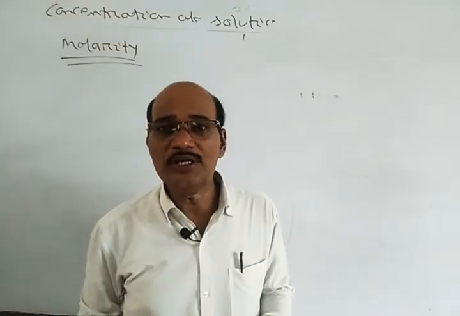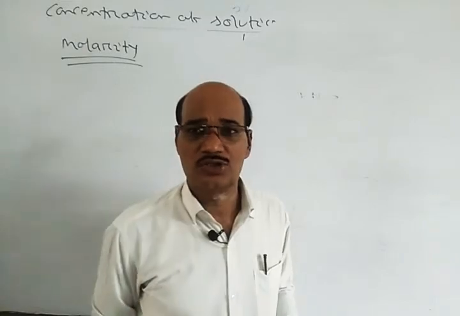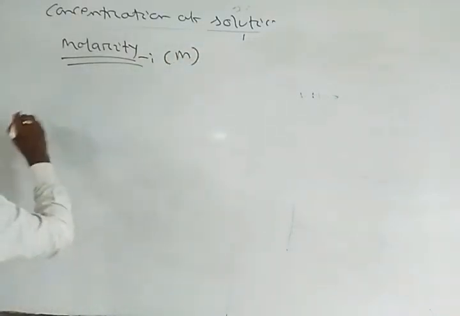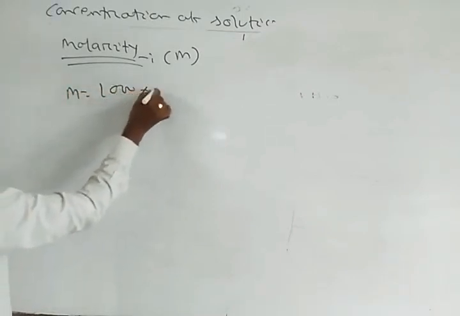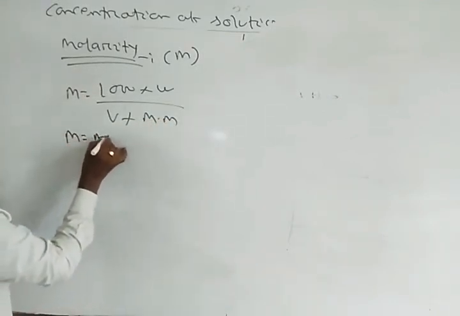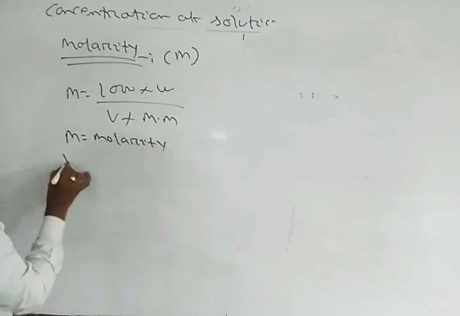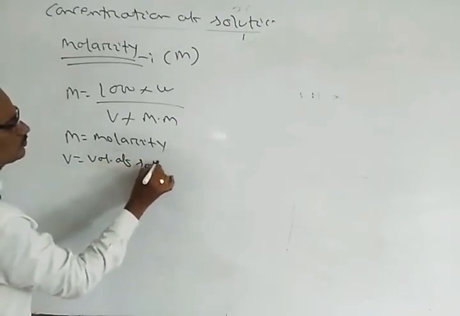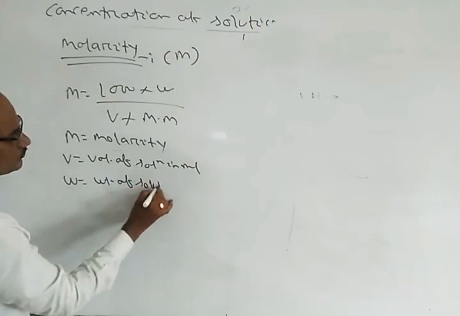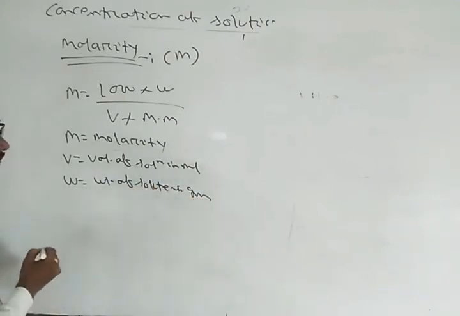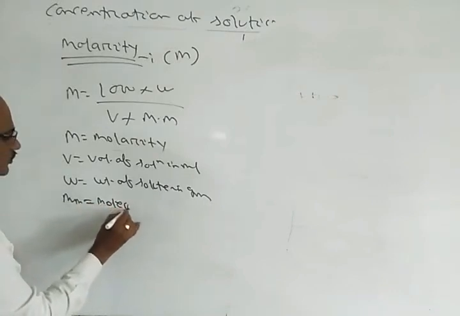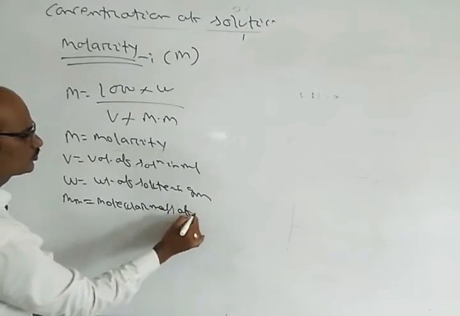How many moles of solute are dissolved in 1 liter of the solution is called molarity, M. So M equals 1000 into W by V into molecular mass, where V is the volume of solution in ml, W is the weight of solute in gram, and MM is the molecular mass of solute.